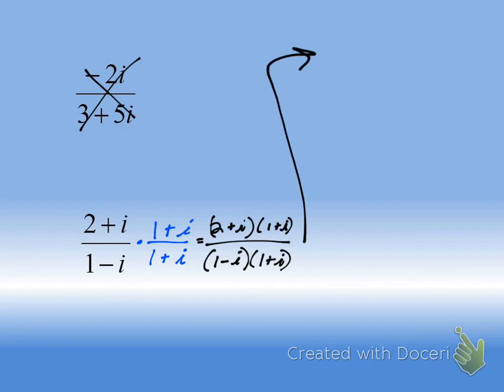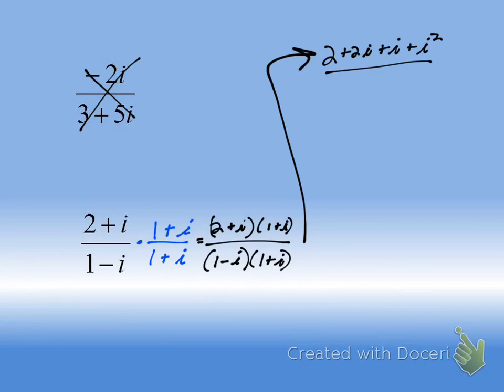So 2 times 1 gives you 2. 2 times i gives you 2i. i times 1 gives you i. i times i gives you i squared.